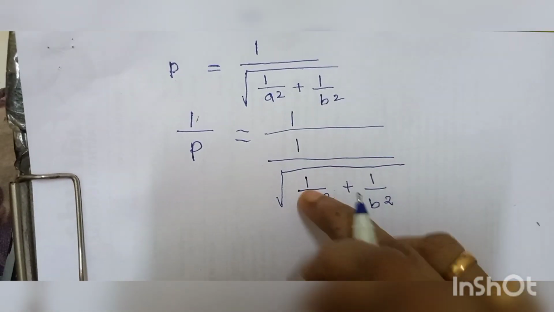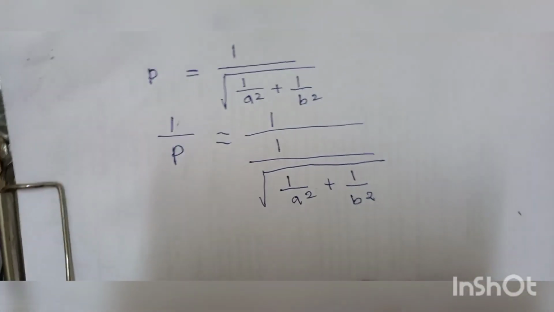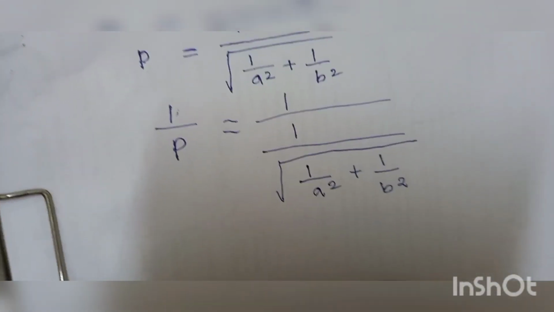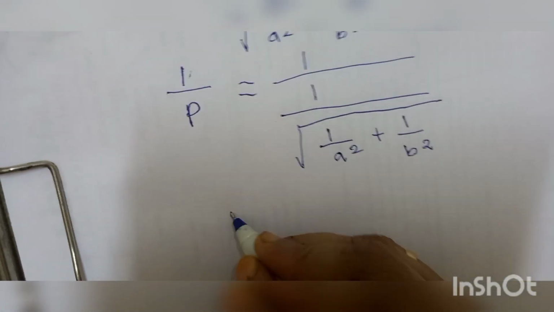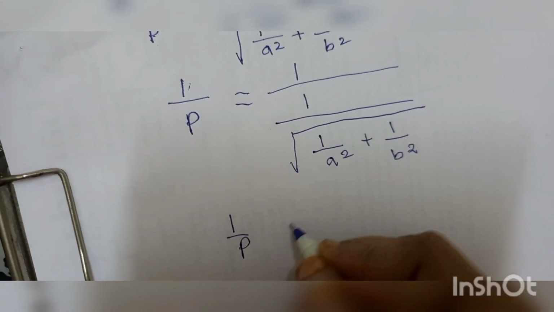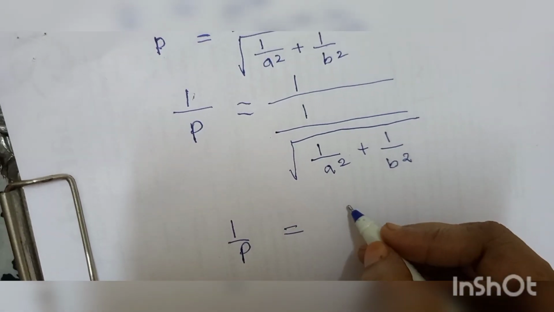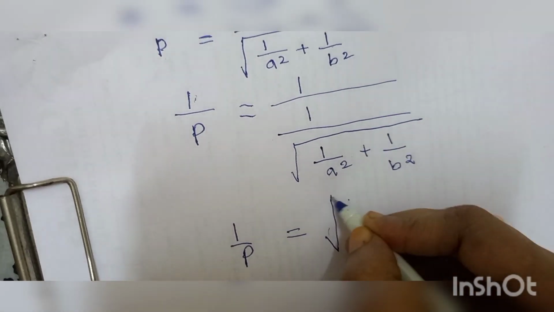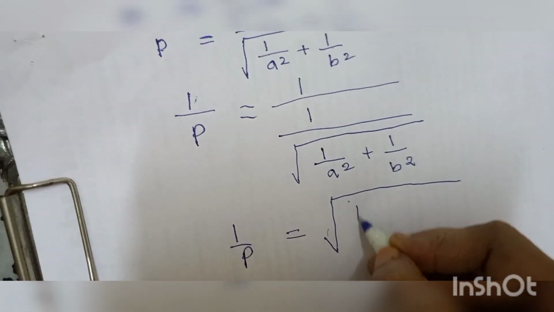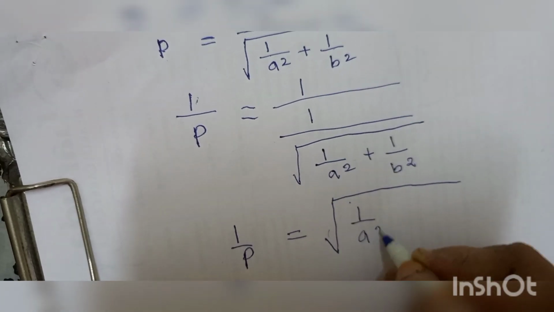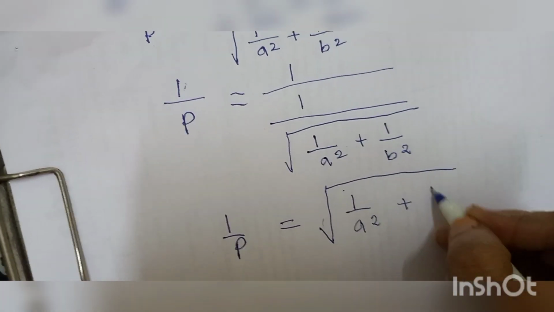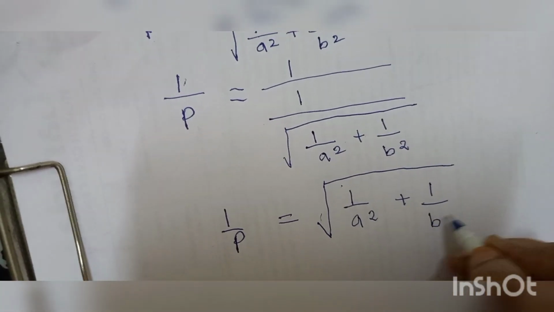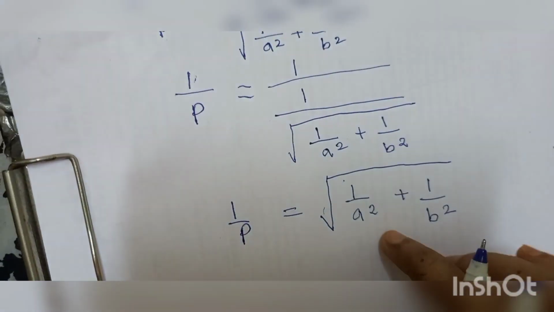So we get the answer like this: 1 by p is equal to root of 1 by a square plus 1 by b square. After reciprocal we get like this.